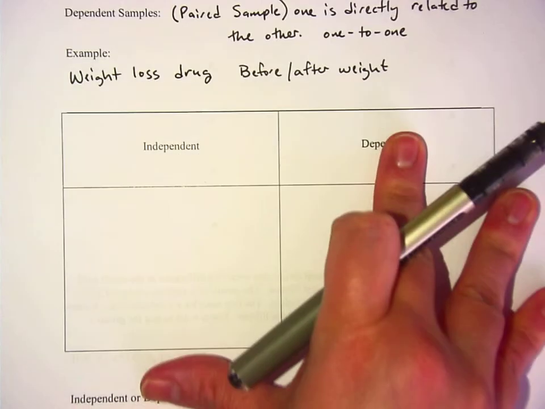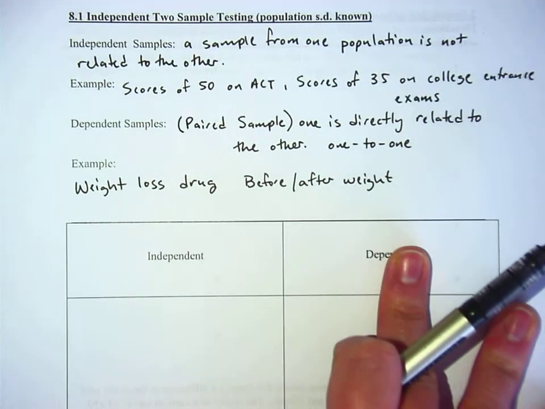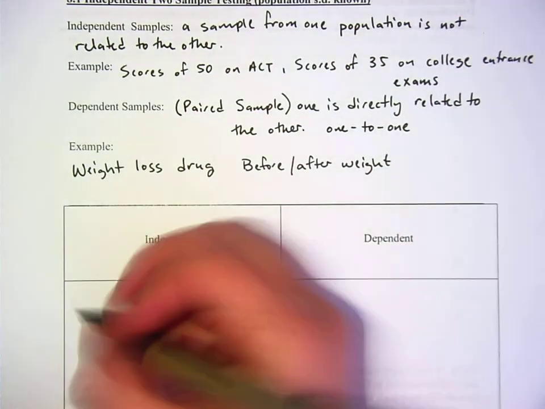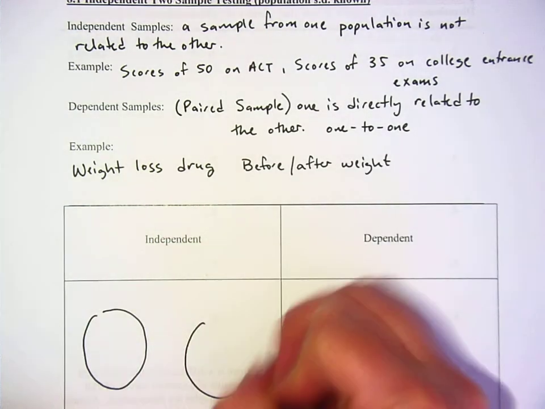So for independent, a picture looks like this. You have two populations.